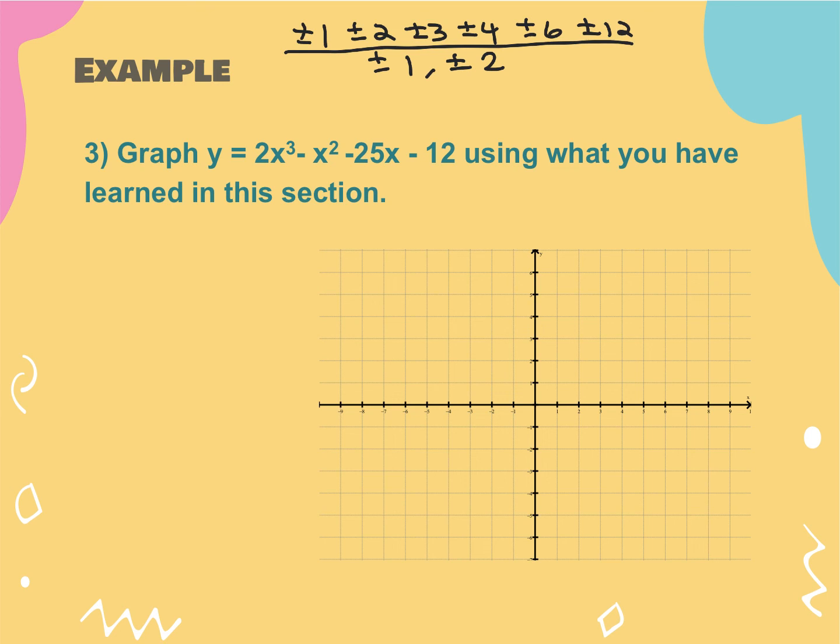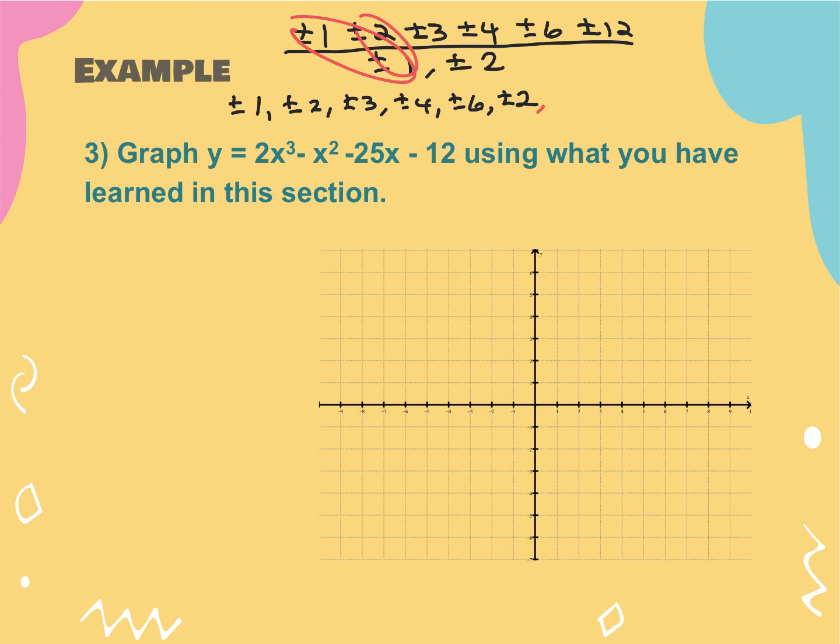So then I'd go through and list all the different combinations. So I would have positive and negative 1, 2, 3, 4, 6, and 12. That's with a 1 being in the denominator under each one.